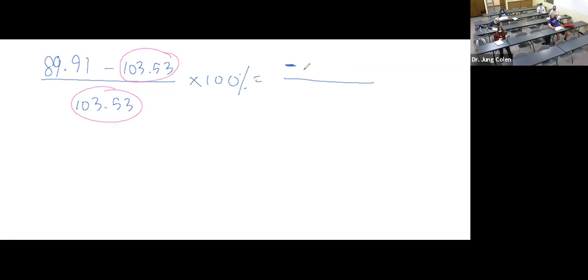What did you get, guys? Shall we do the simple math here together? Minus 89.91. You can go backwards and just put negative as the answer, right? Okay, so let's do the subtraction here. 3 minus 1? 2. 5 minus 9, we can't. So we need to regroup that.